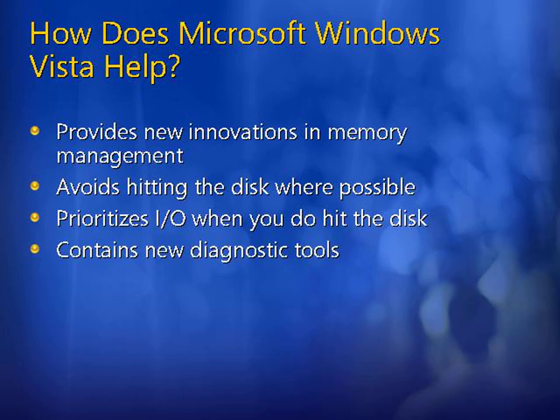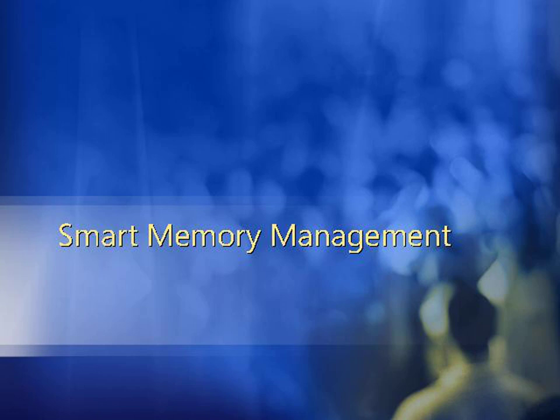And then finally, if things really do go all the way wrong, and you do have a performance problem, we have new diagnostic tools that will report up to users and to IT administrators what Vista thinks is going on. So let's start with smart memory management. And this is Superfetch.